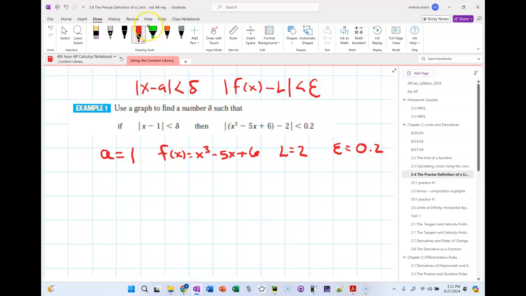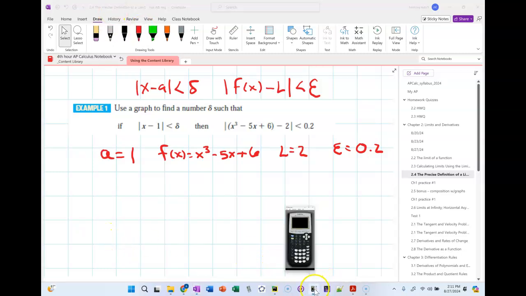So when it says use a graph, what would I want to graph? f of x, right? Not tricky there.